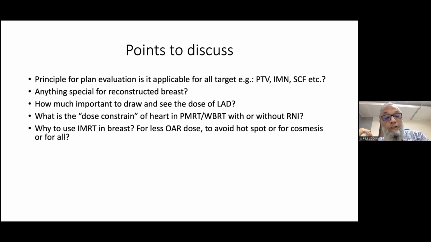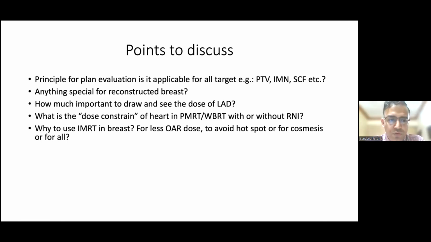So next question, why use IMRT for breast? Number 1, for less heart dose. Number 2, to avoid hotspot, or for better cosmesis, or dose homogeneity, or for all. And what is the objective in breast cancer?